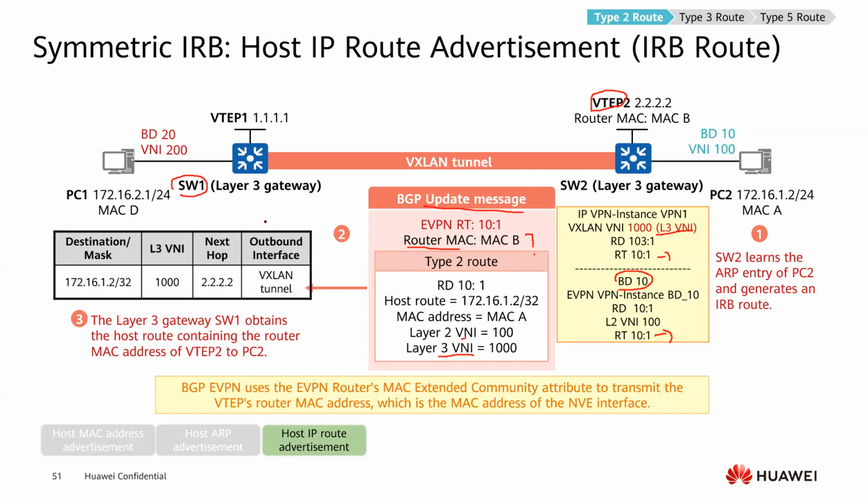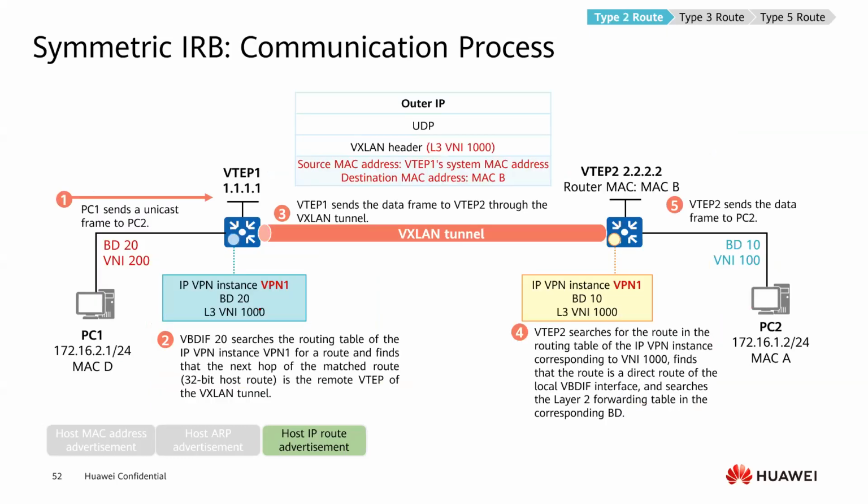Then it will install the host route information into the routing table: the label is 1000, the next hop is VTEP2, and the outbound interface is the VXLAN tunnel.